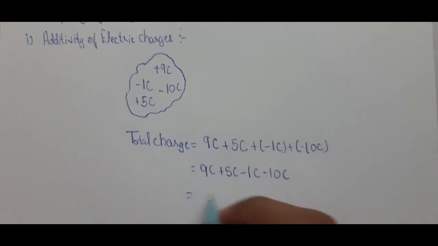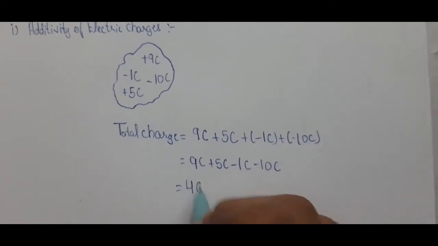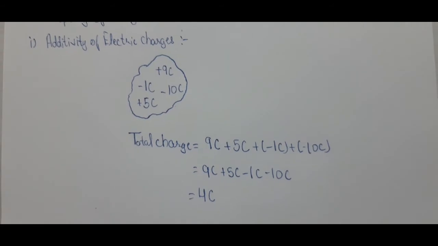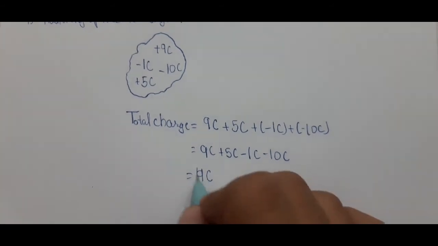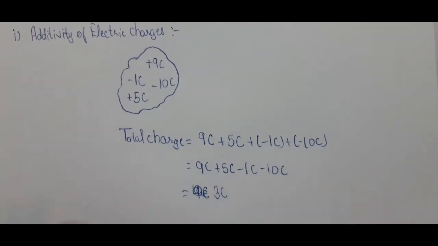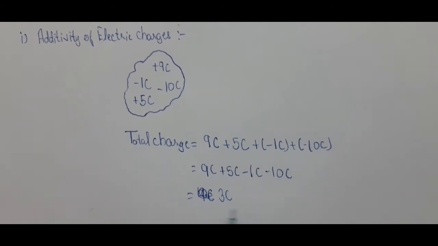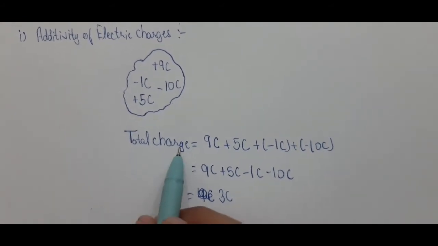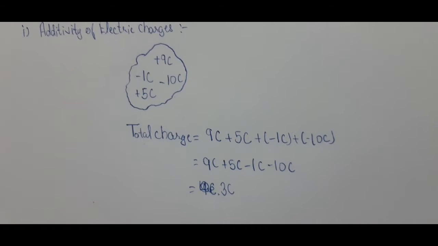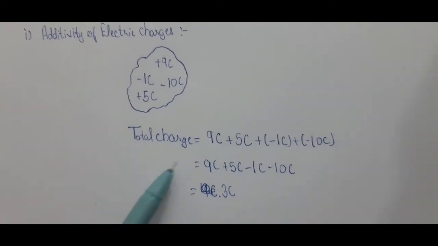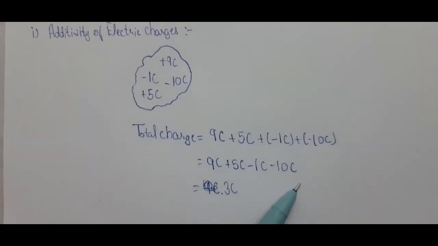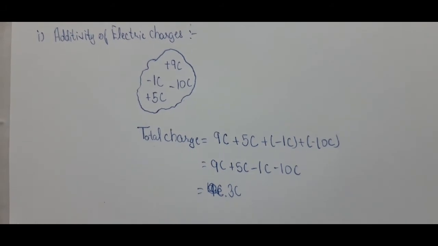So the net charge is 3 coulomb on the body. This states that charges are always additive in nature with respect to their signs.